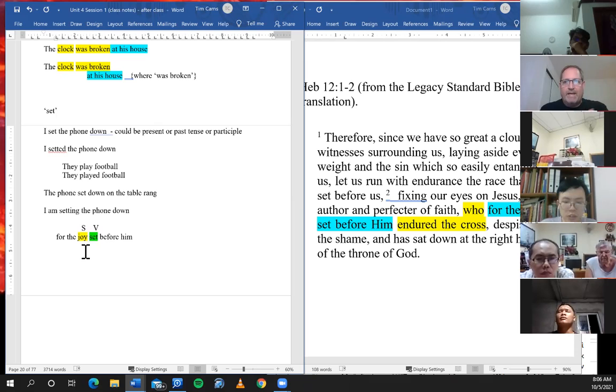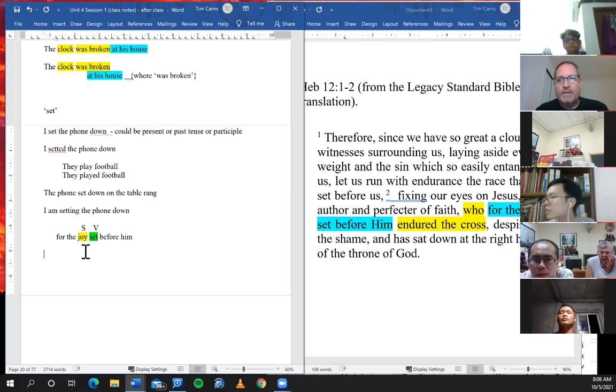The more you practice, the more you'll be able to see these things. And when you can see the structure of the passage, that is what reveals the author's intended meaning, because it'll show us what he is emphasizing, what is less important in the passage, what is modifying something else.